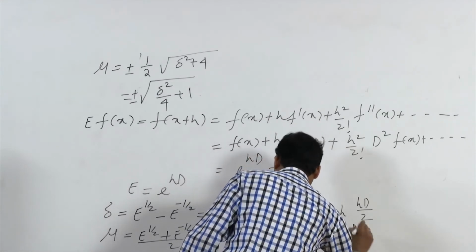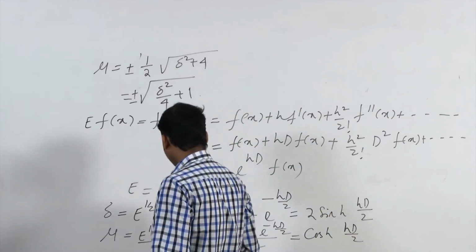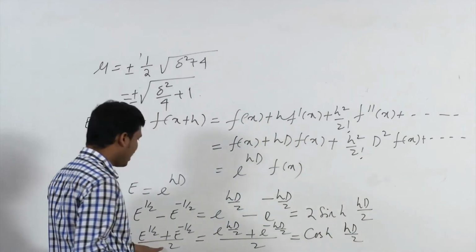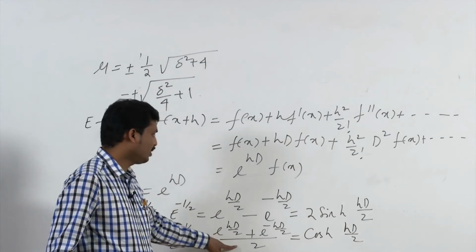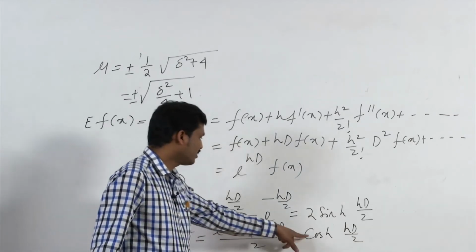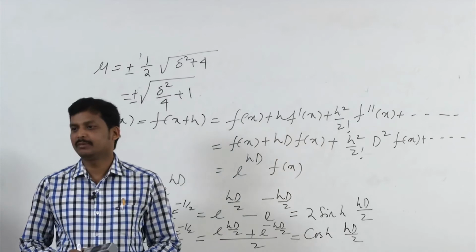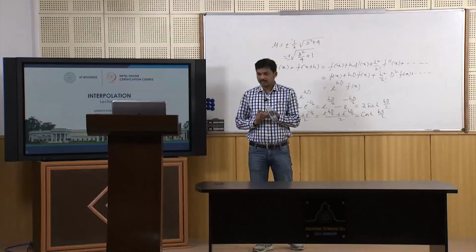Since it is expressed with a half, the half cancels, giving cosh of h D by 2.